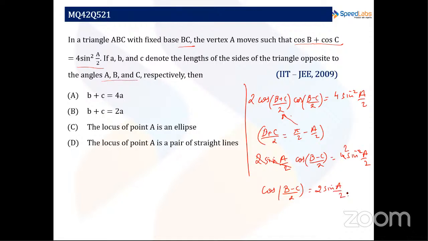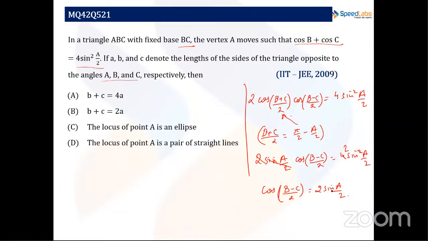Now if you see here, the problem we are facing is that we do not have that relation in the half angles. If we were having sine A, sine B, sine C, then we know that sine A upon a equals sine B upon b equals sine C upon c. So I'm trying to convert it into that form.